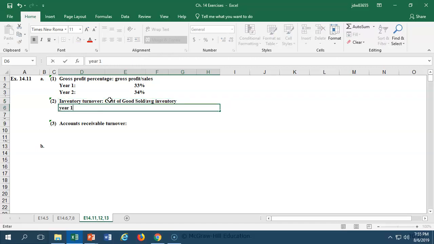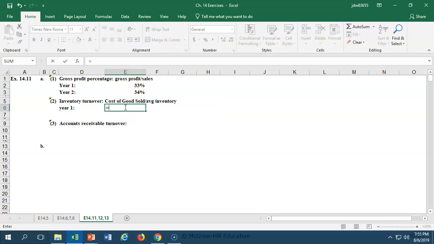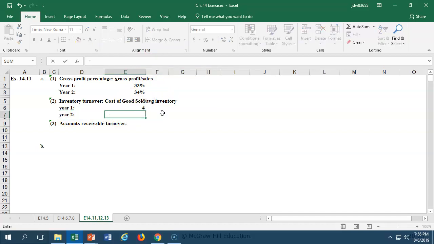So year 1, 408 by 102. Okay, year 2, cost of goods sold is how much? 495 divided by average 110.